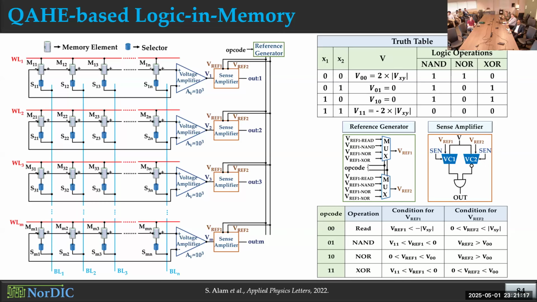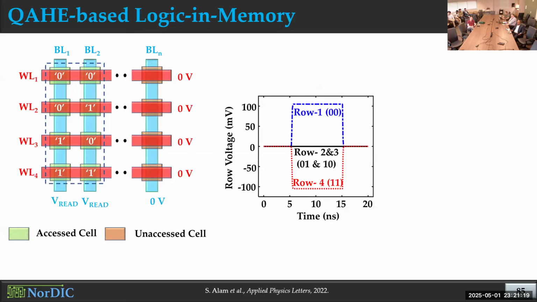So here we simulated a 4x4 memory array, and we activated the first two columns and stored the data in a way that covers all the possible combinations. As you can see, the first row gives us the 0-0 combination, the second and third rows give us 0-1 and 1-0, and the fourth row gives us the 1-1 combination.